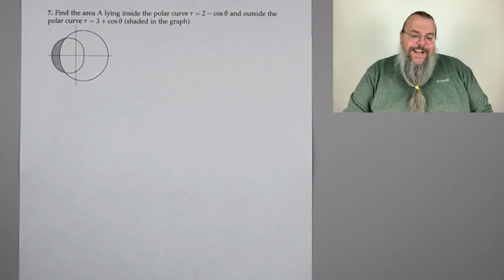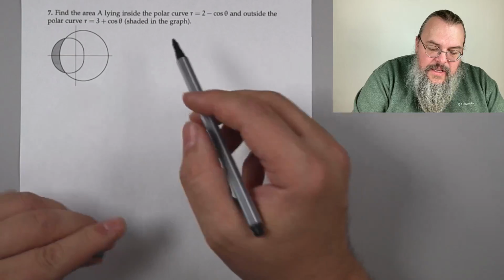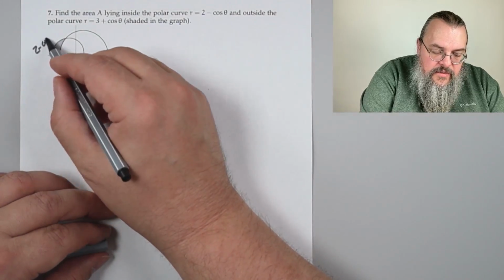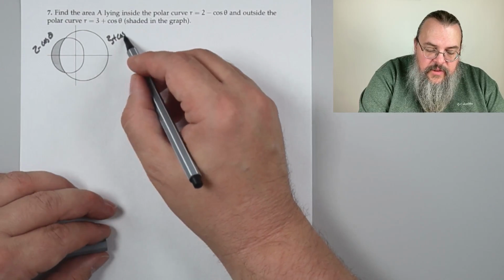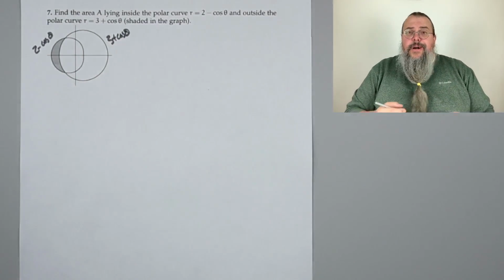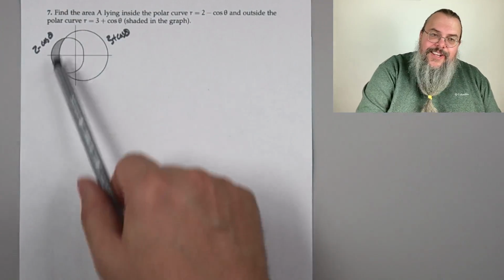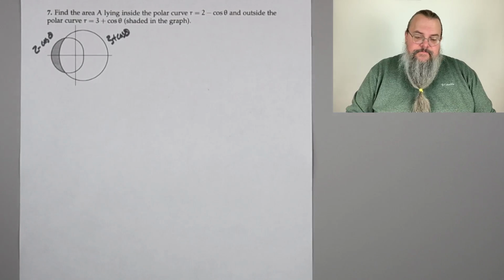But, all right, anyways, what do we have? Well, we have our two curves, and we can say that this curve is the 2 minus cosine theta, and that curve is the 3 plus cosine theta. And if you're wondering how you can say that so quickly, well, because I can see that I'm inside this one, and I'm outside that one. So I'm just using the information given.